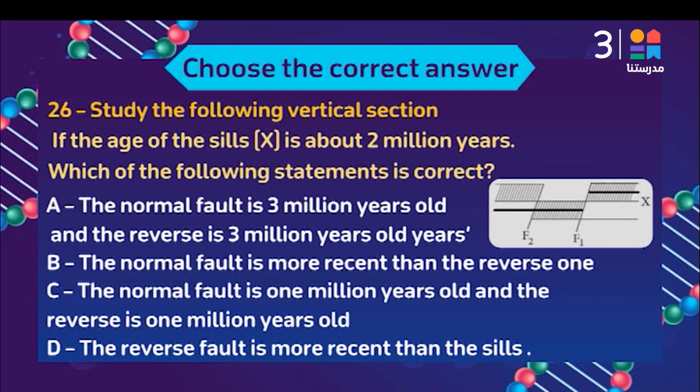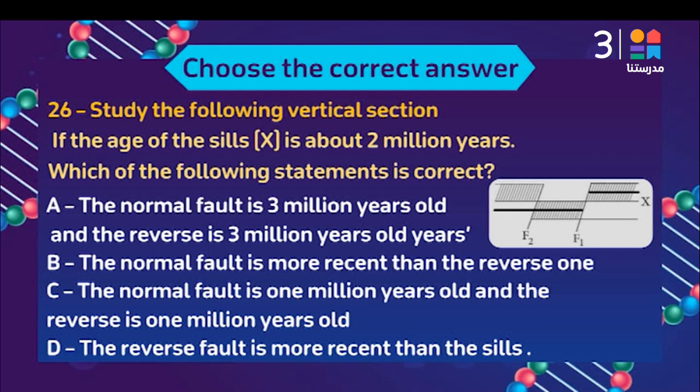So let's go to question number 26. Question number 26 speaks about earth science again. Study the following vertical section. If the age of seals, X, is about 2 million years, this speaks about the age of these rocks.